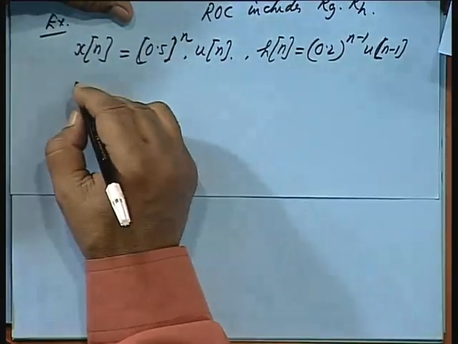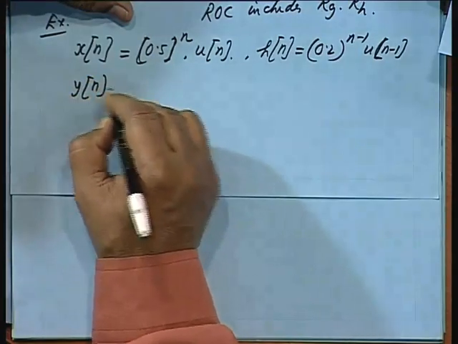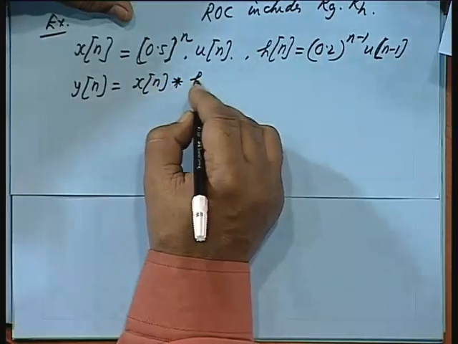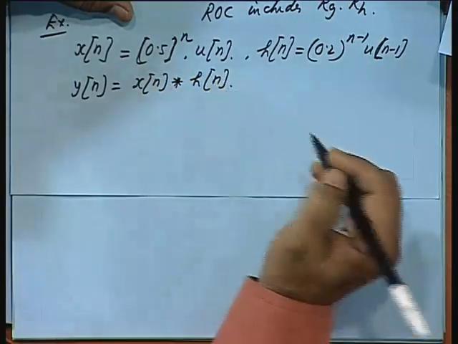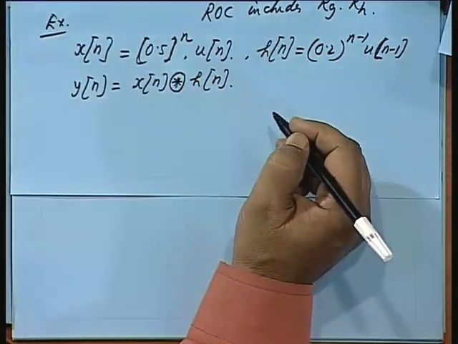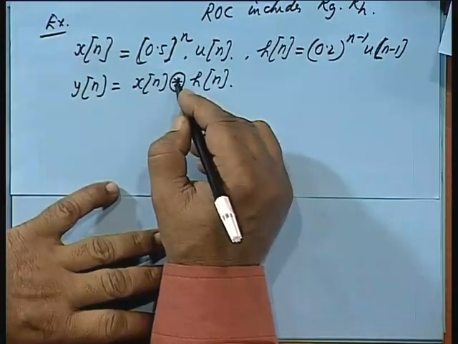What will be y n, which is convolution of x n and h n? Sometimes we use a circle around the star for denoting convolution, because star is quite often used for complex sequences, also complex conjugates. So, to avoid confusions, we use this. So, let us use that relationship for convolution.